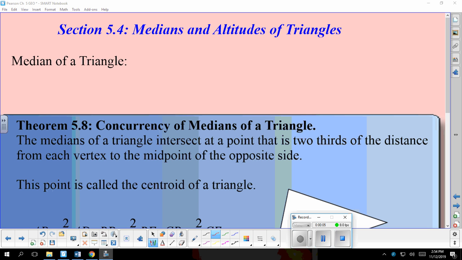Section 5.4 on medians and altitudes of triangles. So we already found that the median is the point of central mass of a triangle. And remember what a median is.